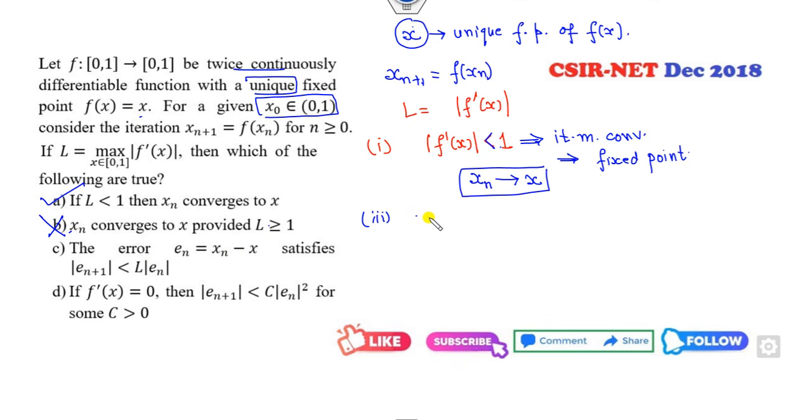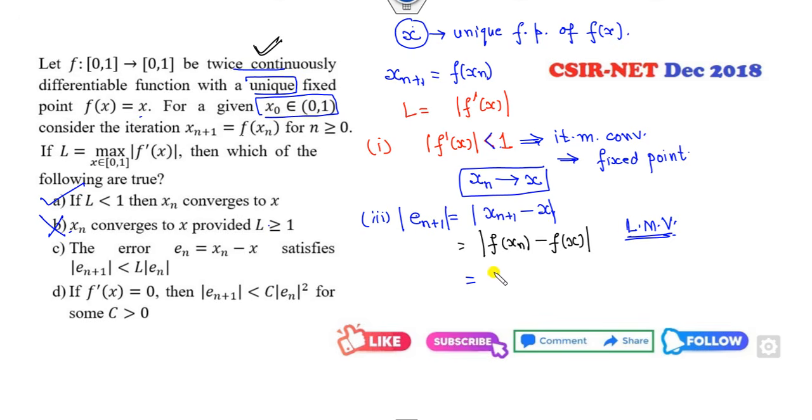I can start from the left hand side, absolute value of en plus 1, that is xn plus 1 minus x. What is xn plus 1? It is f of xn. x is my fixed point, so I can say it's f of x. Now f is a twice differentiable function, so I can use the Lagrange mean value theorem.